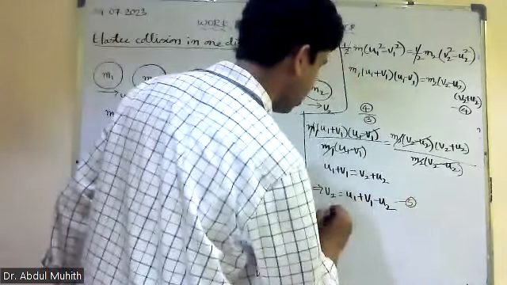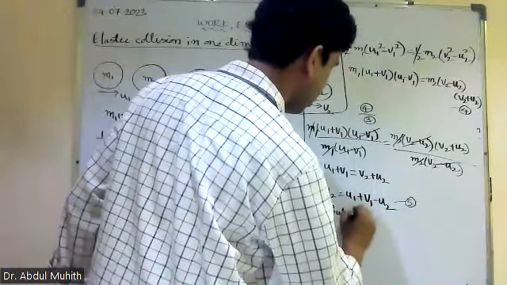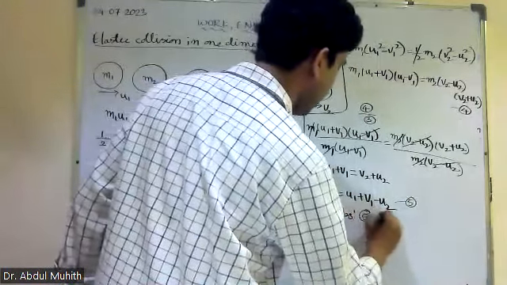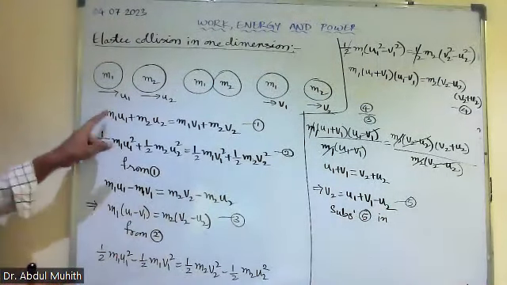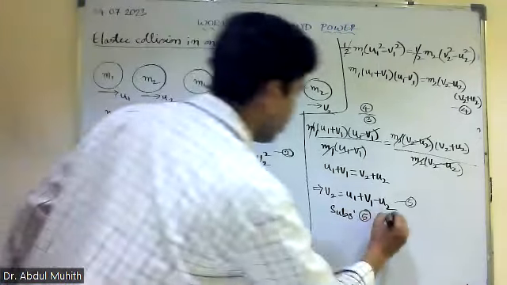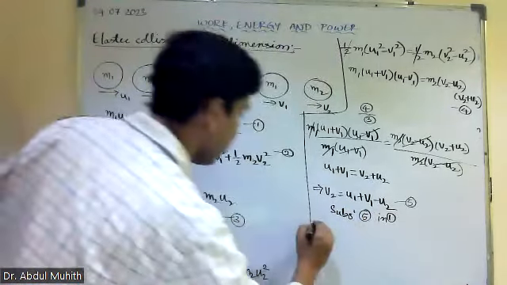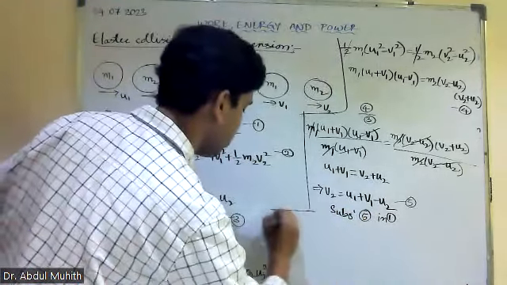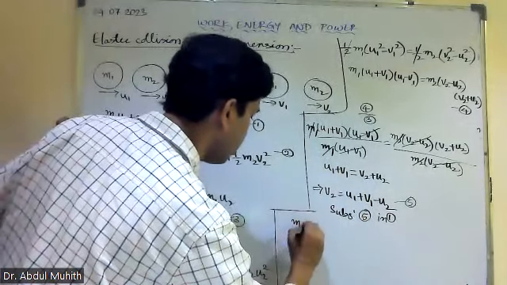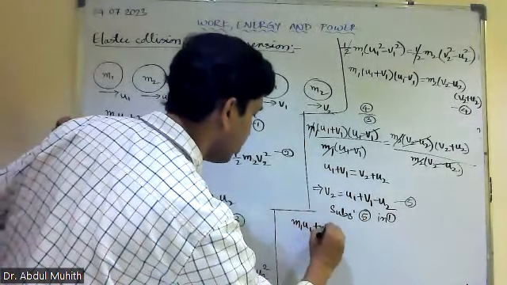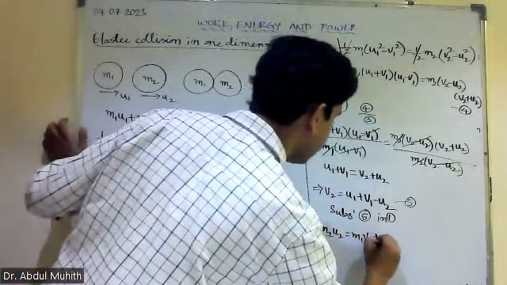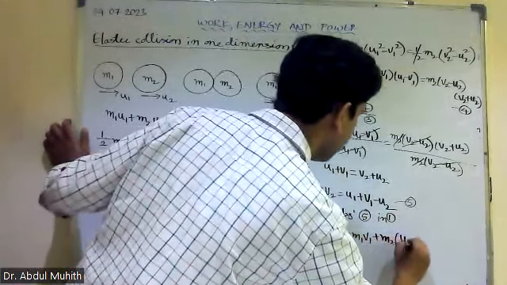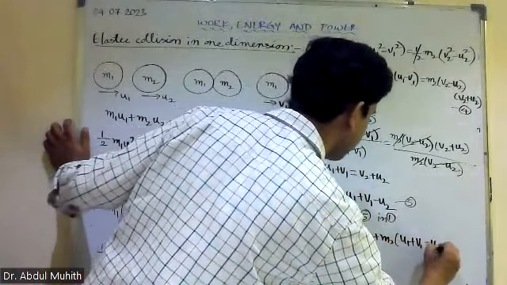Now substitute 5 in 1. Yeah, I will substitute in 1. So what will happen now? M1 U1 plus M2 U2 equal to M1 V1 plus M2 V2, where V2 is U1 plus V1 minus U2.